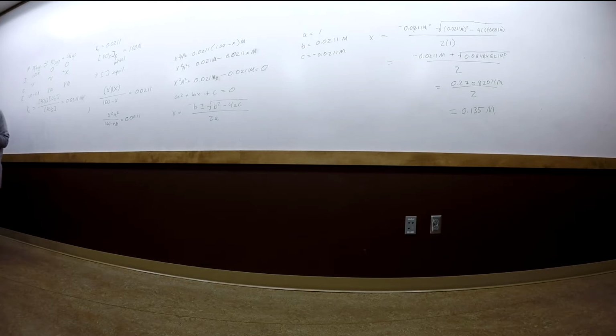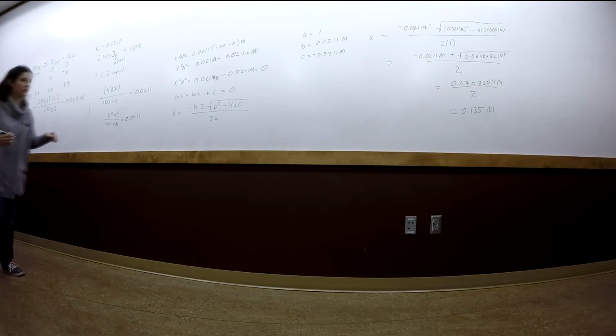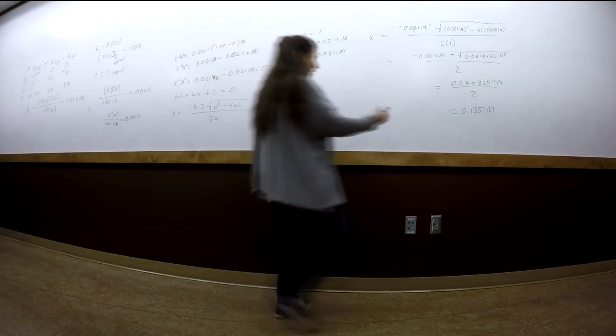You will want to work both of those out, but probably the plus one is the one you're usually going to use because we're not going to use imaginary things here. We need to use things in the physical world. So we do the positive one. So our change for x there is going to be 0.135. So now that is what x is equal to here at the end. So you have that on there.